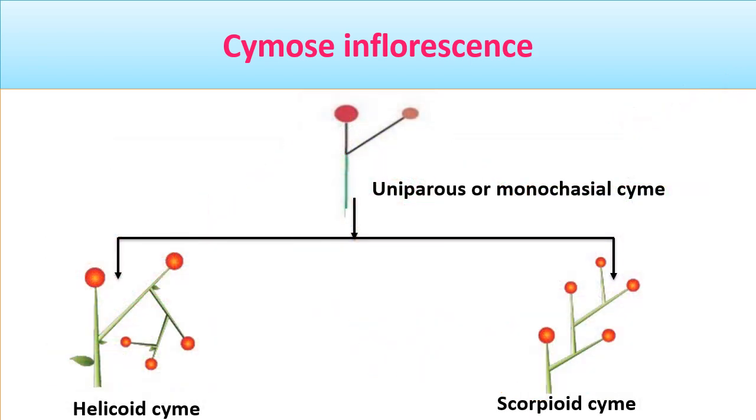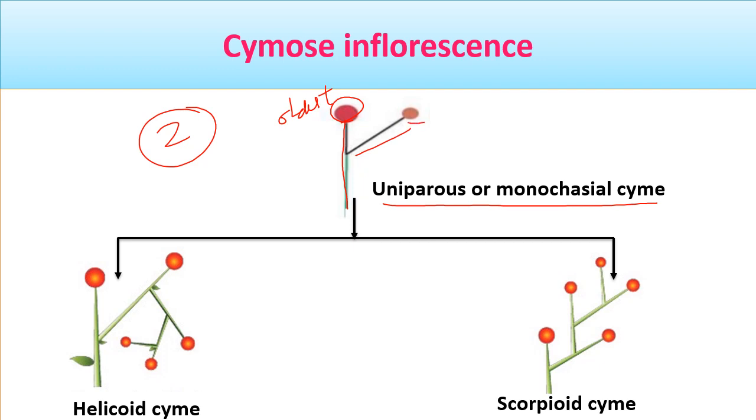Then the second type of cymose inflorescence is uniparous or monochasial cyme. Now what is uniparous? See here, the axis of inflorescence terminates with the flower, meaning the oldest flower is this, and the younger flower is always at the base.